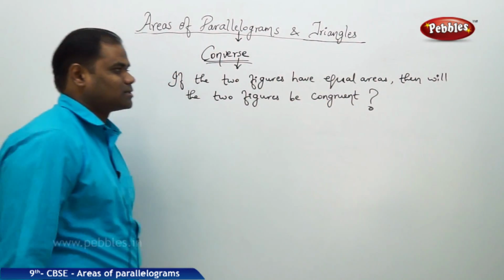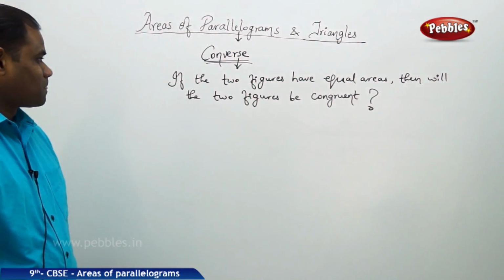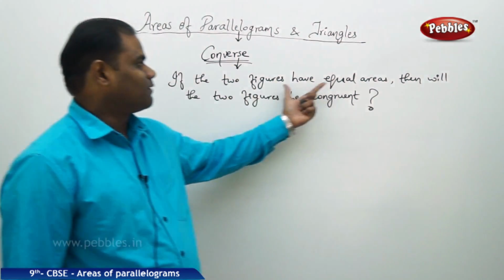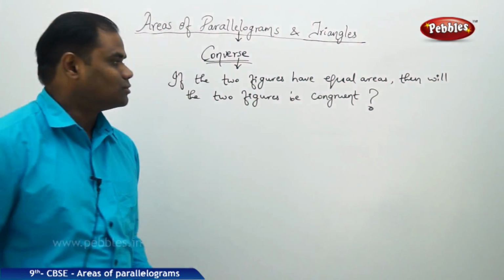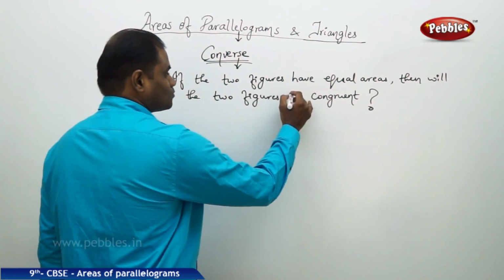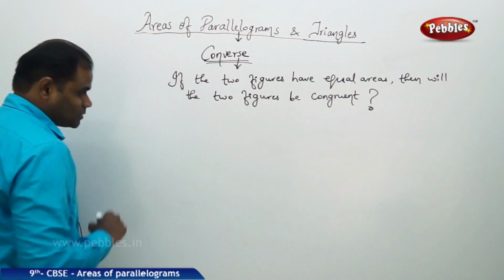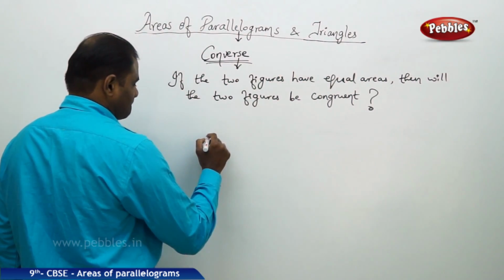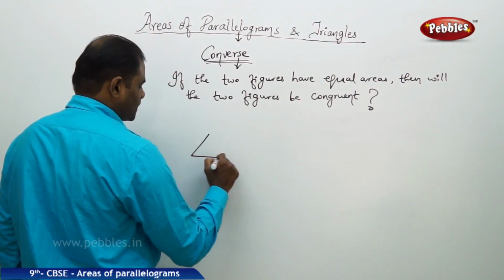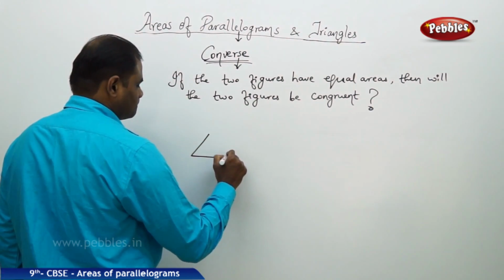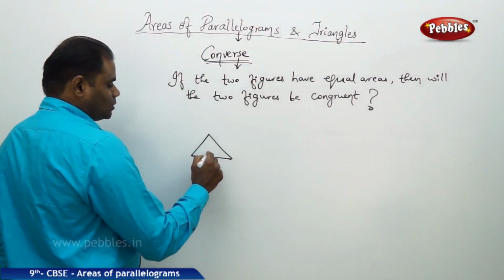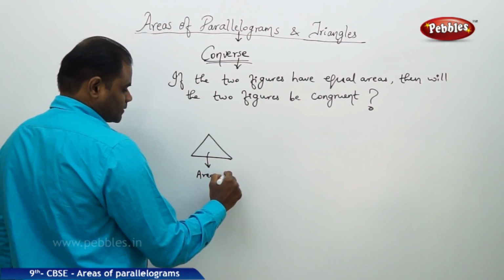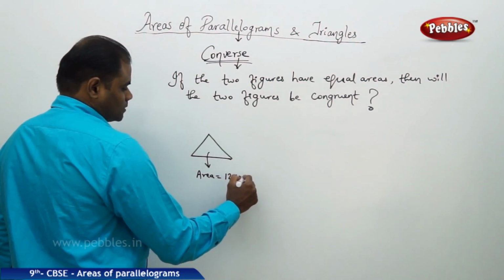That is the biggest question out here. So let's investigate this. If the two figures have equal areas, then will the two figures be congruent? So imagine I take a triangle whose area is say 12 centimeters square.